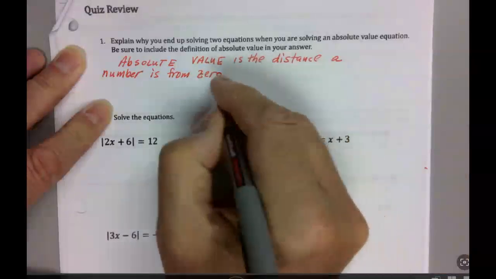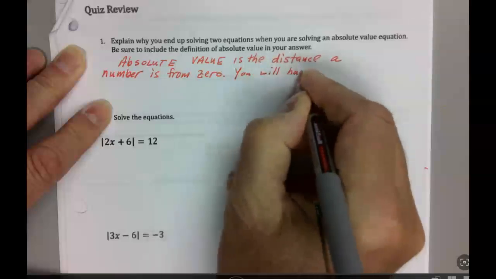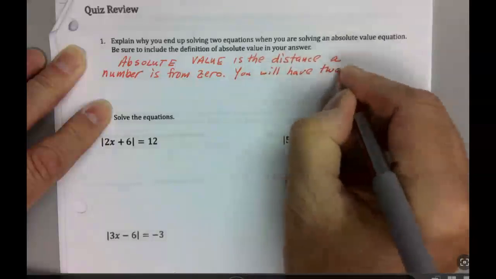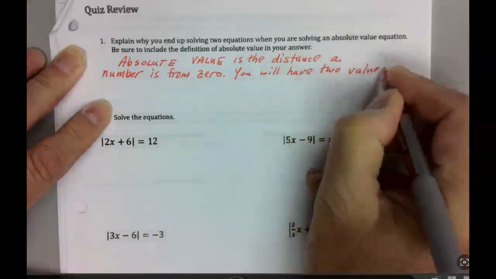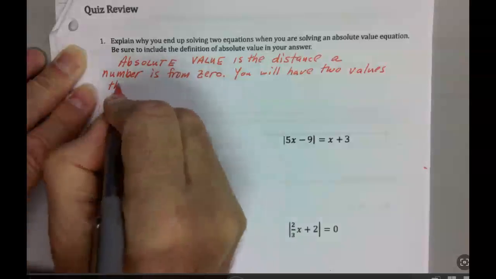You will have two values. You will have two values the same distance from 0.